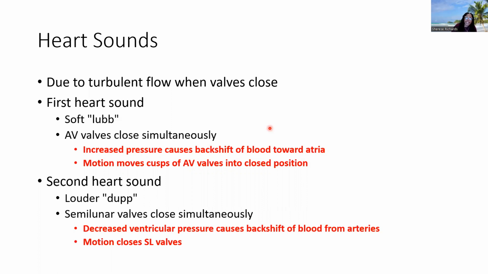And as blood hits against the back of that semilunar valve, we have a louder dup. There's more peripheral resistance in the systemic circulation, and so that's going to be a louder, more high-pitched sound against the back of semilunar valves than it is against the back of AV valves. So it's a lub dup, and that would be AV valves followed by semilunar valves.